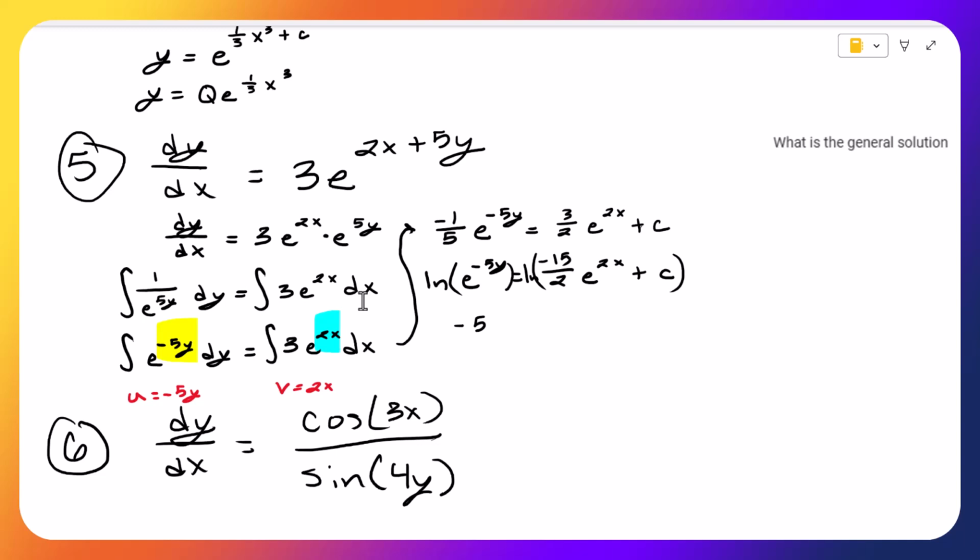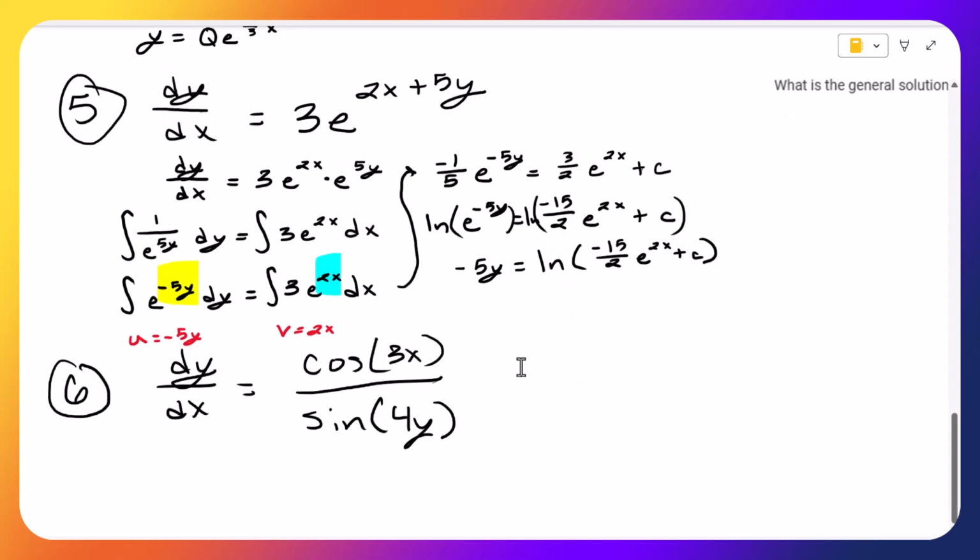And remember, the only things we can ignore for c are adding, subtracting, multiplying, dividing. If we're doing a natural log, we need to put it inside. And then we divide both sides by negative 5, and we get y equals the natural log of negative 15 over 2 e to the 2x plus c, divided by negative 5.